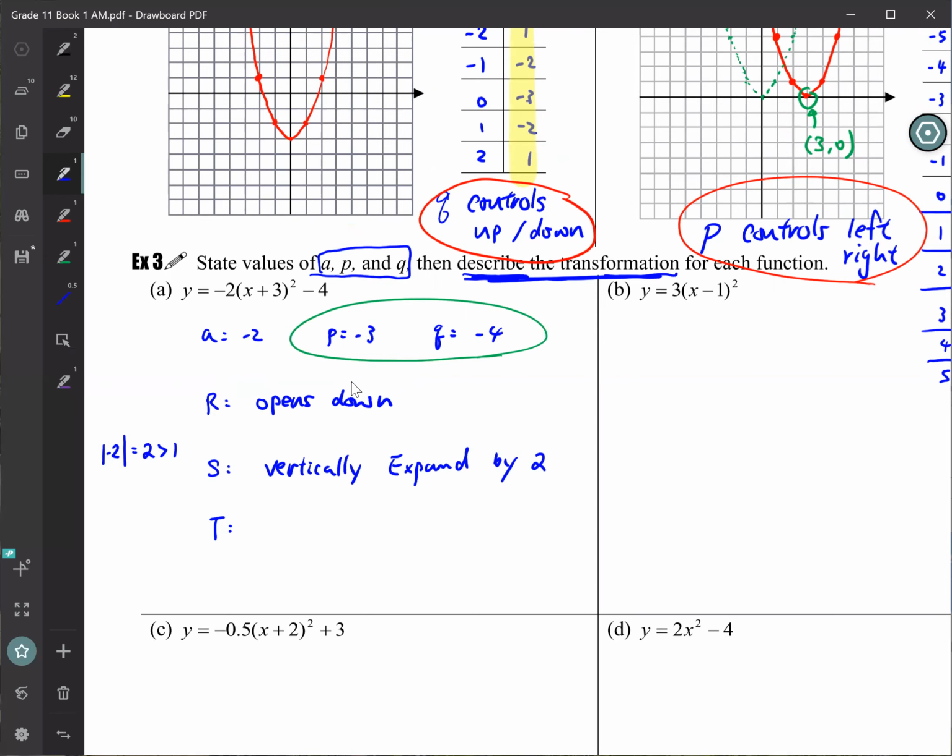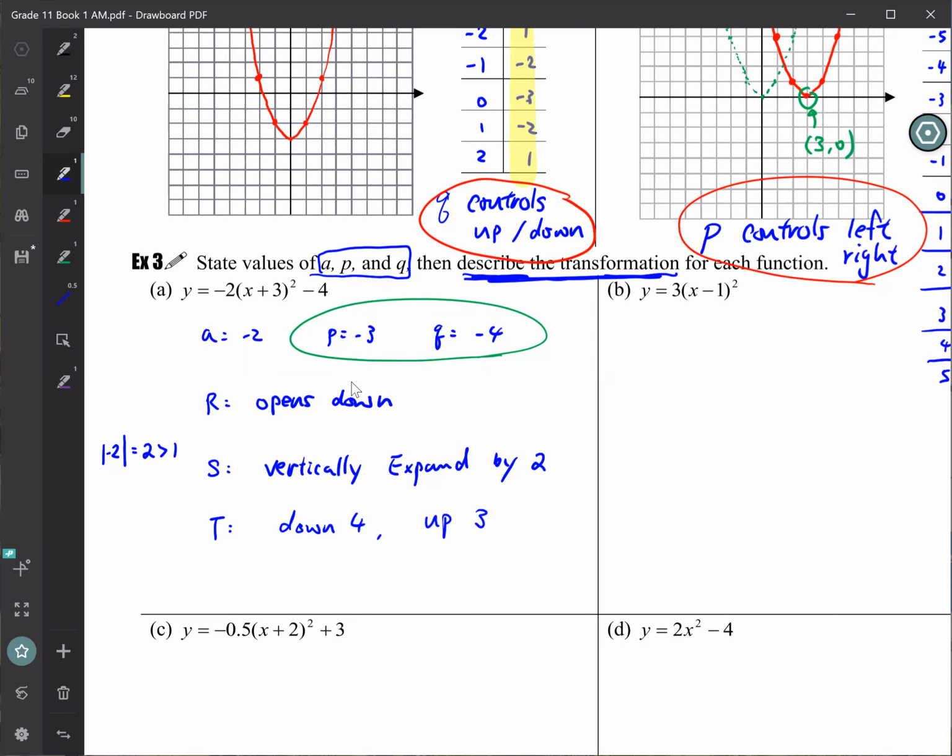So it goes down 4, and then up 3. Can you tell me why for down 4 and up 3? Because the Q is -4, it goes down by 4.